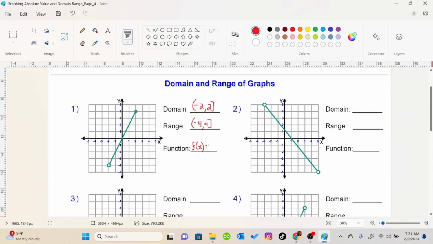So that means our slope is 2x. And then we would add or subtract the y-intercept, but we see that we cross the y-axis at 0, so we don't need to add or subtract a y-intercept. So our function is just f of x equals 2x.